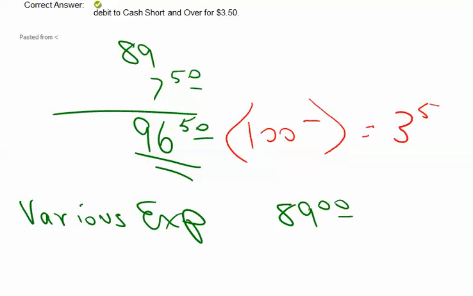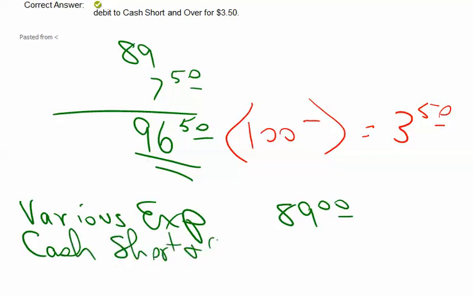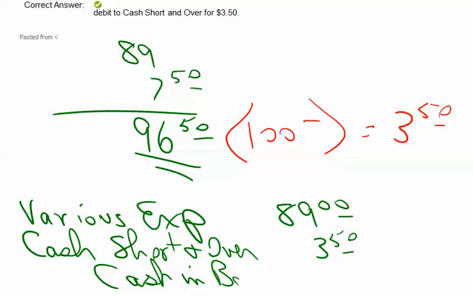I'm going to need $3.50, and that entry is going to be posted to cash short and over for $3.50, because I've got to write a check from Cash and Bank for $96. I'm sorry. Yeah, $96.50.